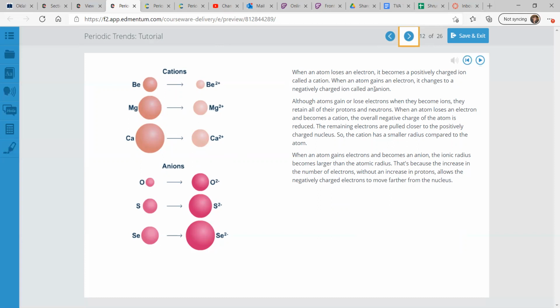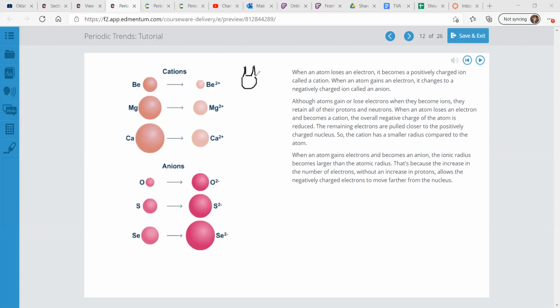And a way to remember cations versus anions, I'll try to annotate it. So cat, think of a cat. Those are cat ears, okay?